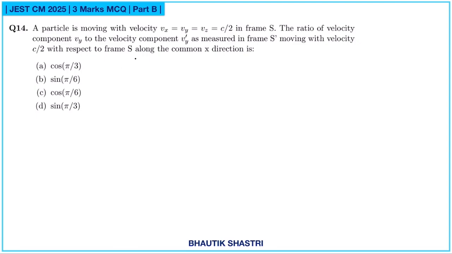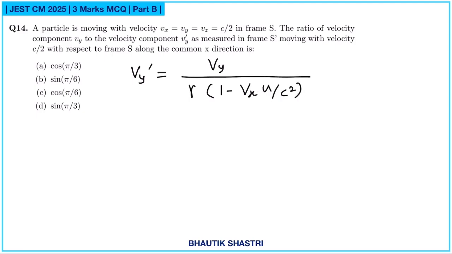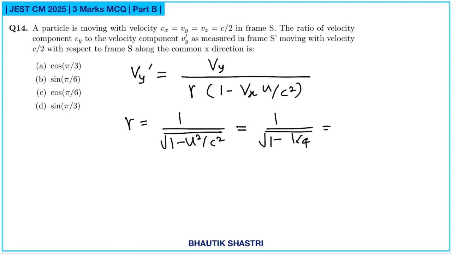Frame S dash is moving at a relative velocity c by 2 with respect to S. So Vy dash is equal to Vy upon gamma times 1 minus Vx u by c square, and gamma is equal to 1 upon under root 1 minus u square by c square, which is 1 minus 1 by 4, so this will be 3 by 4, and root 4 is 2.